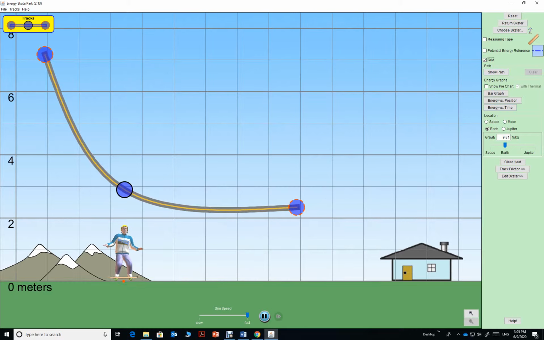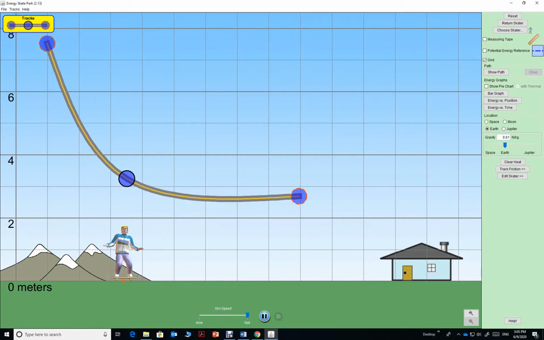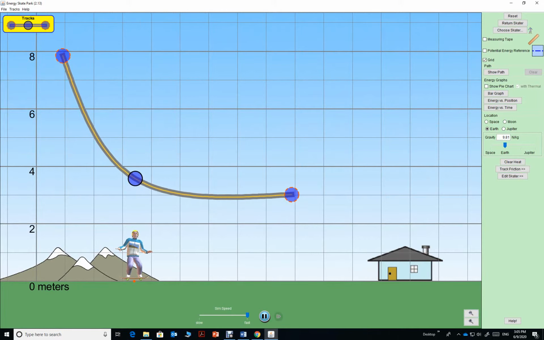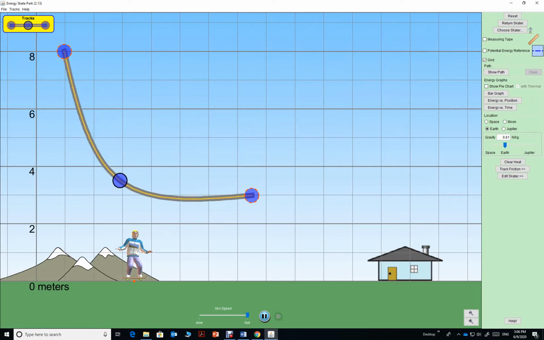Now I raise this one a little up, and I can make this one a little bit smaller. I raise this one a little bit up to make the initial height equal 8, and I'll make this one horizontal. See, I can move it more to the side. Just click on the blue circle and then you can control it as you wish.